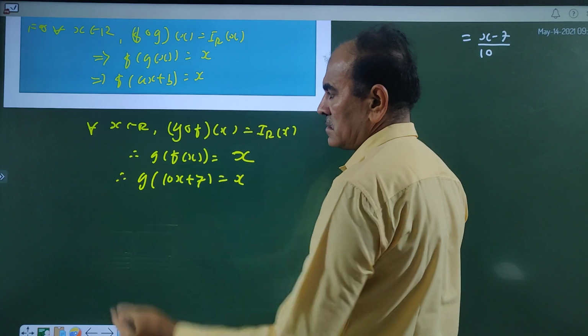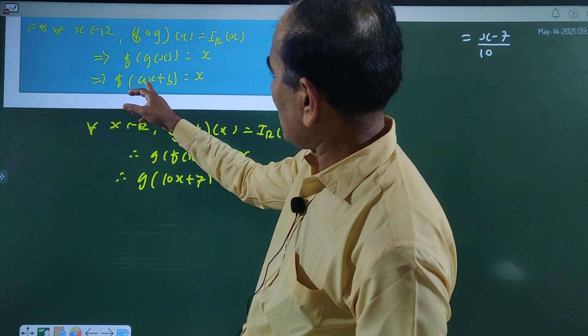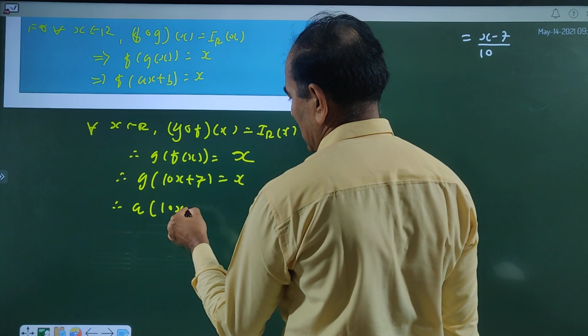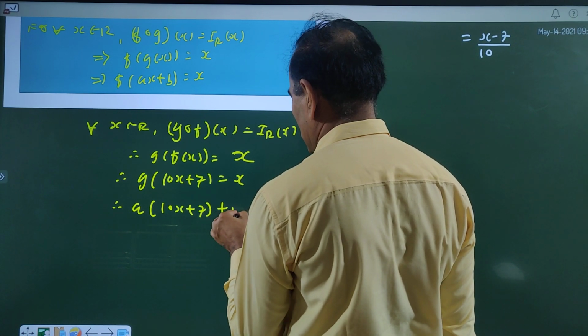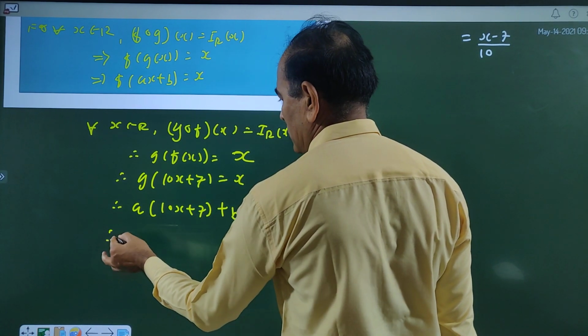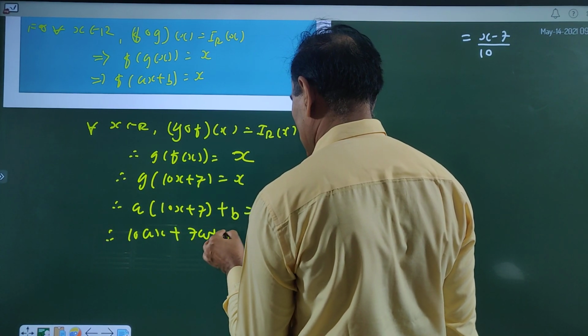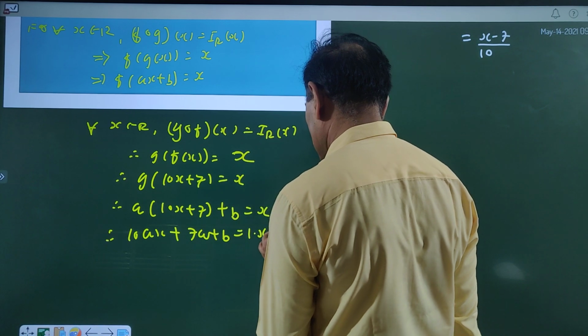Now g(x) is ax plus b, so a into (10x plus 7) plus b is equal to x. 10ax plus 7a plus b is equal to 1 into x plus 0.